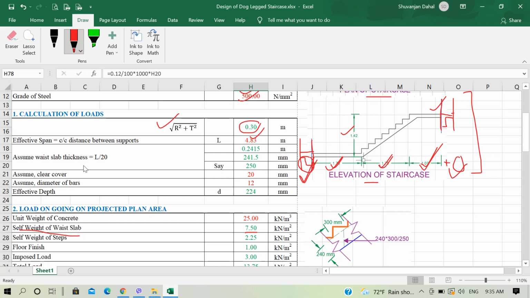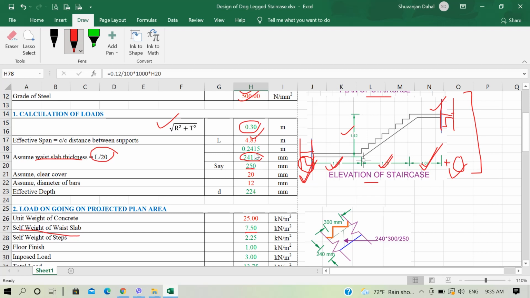Now we begin our design by assuming the thickness of our waist slab is L by 20, where L is the effective span. So 4.83 by 20, or 4,830 millimeters by 20, you get 241.5 millimeters, say 250 mm.